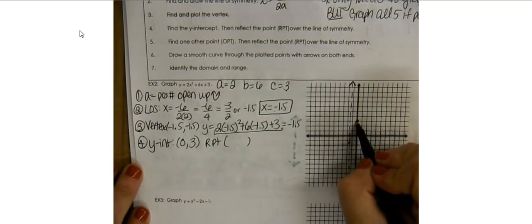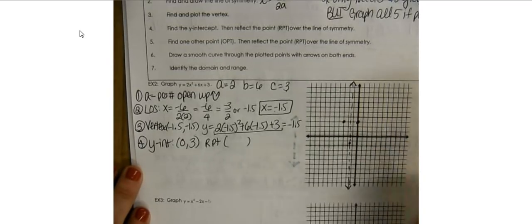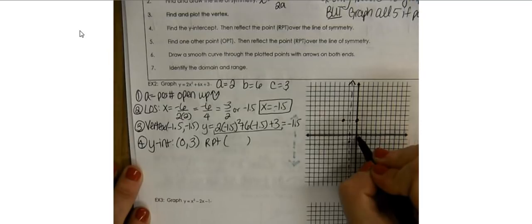Now I need to come up with an RPT, a reflection point, and this ordered pair is 1.5 units away from the line of symmetry. So I'm going to count 1.5 units on the other side and identify what this RPT is. And it looks like it's located at negative 1, negative 2, negative 3, 1, 2, 3. (-3, 3) is my reflection point.